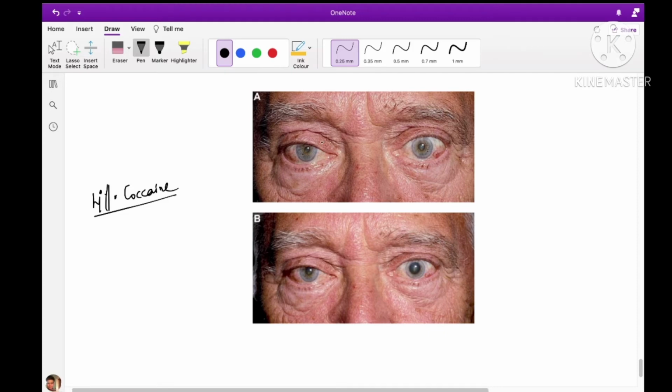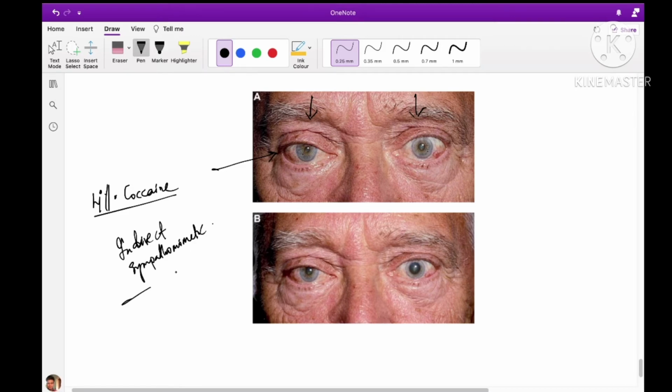If this patient comes, you can see here you have ptosis and miosis. This is the suspected Horner syndrome eye. Now we will instill drops of cocaine in both eyes. This cocaine is actually an indirect sympathomimetic, right?